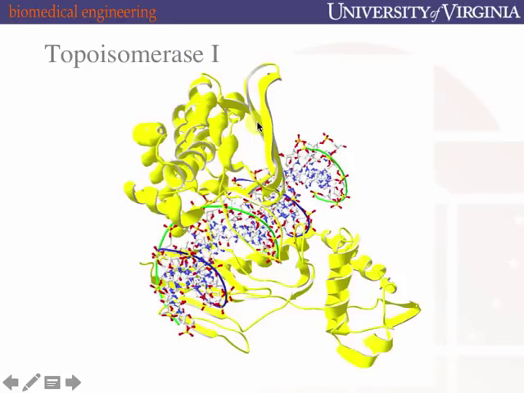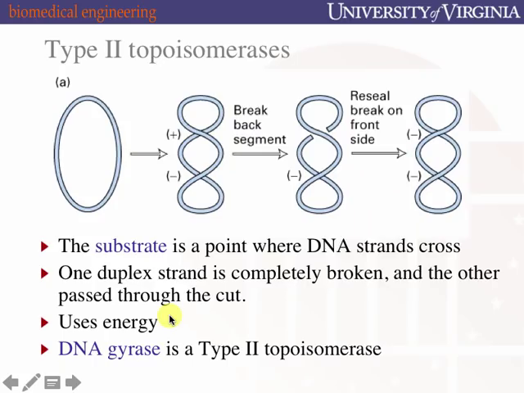Crystallographically, this is what a type 1 topoisomerase looks like. Here's the template supercoiled DNA in the cleft here. Type 2 topoisomerases, of which gyrase is one example, recognize really tangled pieces of DNA, where it's so coiled on top of one another that it's going to wrap around in the vicinity here.